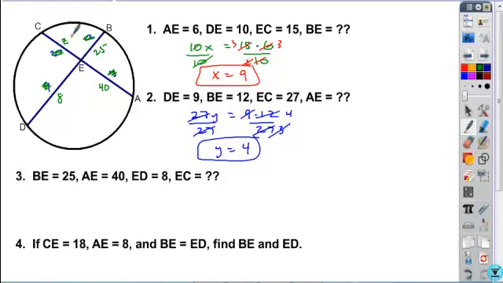I'll call it Z. So here the product of 40 and Z, the segments of one chord, has to equal the product of the segments of the other chord, 25 times 8, and just divide by 40. In doing that, 8 goes into 40 5 times, 5 goes into 25 5 times, so you get your Z value to be 5. Again, it winds up being easy calculations if you just cancel your factors in that way.